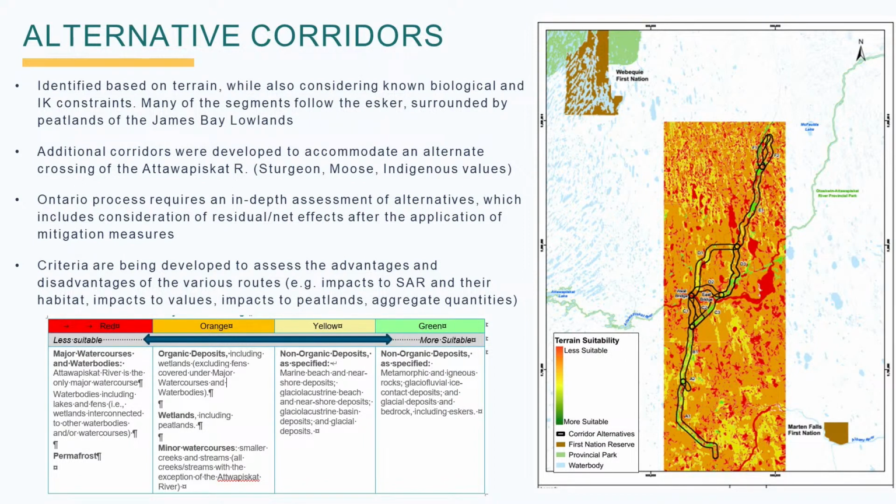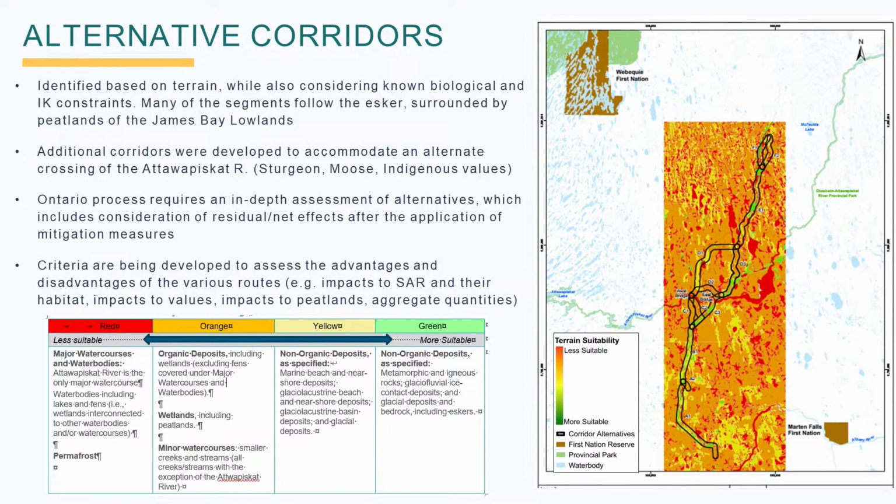Additional corridors were developed to accommodate all different potential crossings of the Attawapiskat River, and these additional crossing locations were based on constraints identified by community members, whether it's moose hunting areas, sturgeon spawning areas, or other indigenous related constraints or reasons for not running the road through.